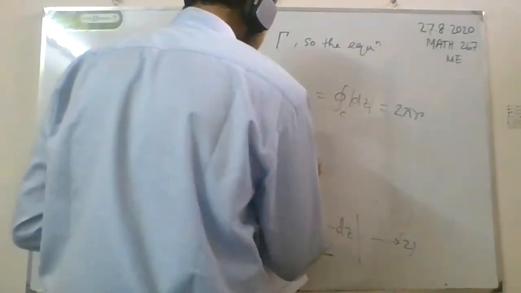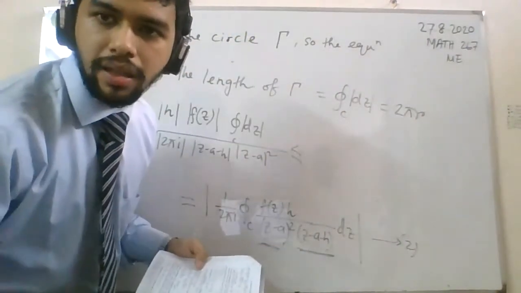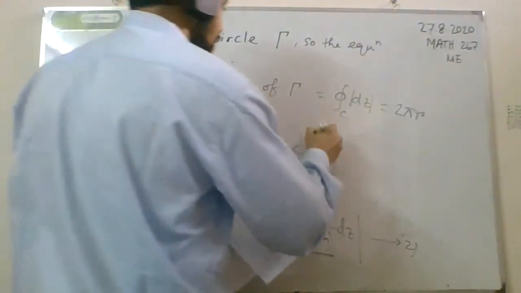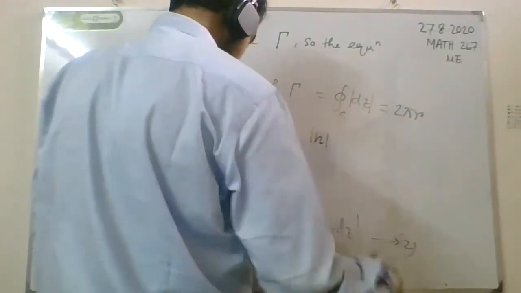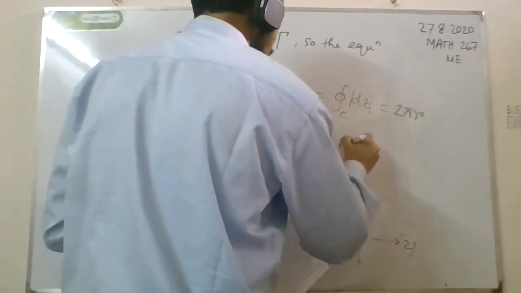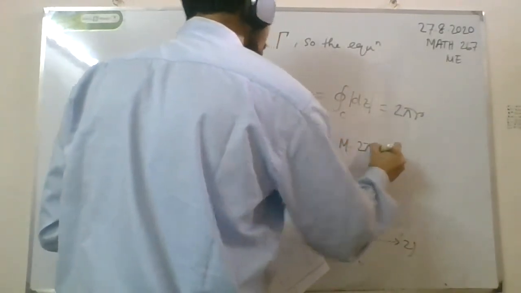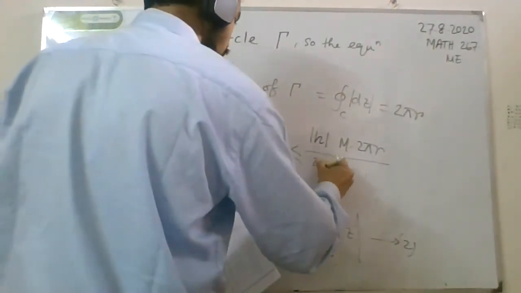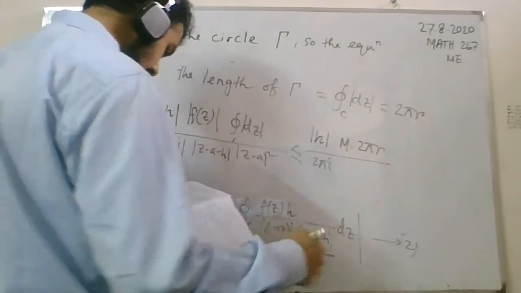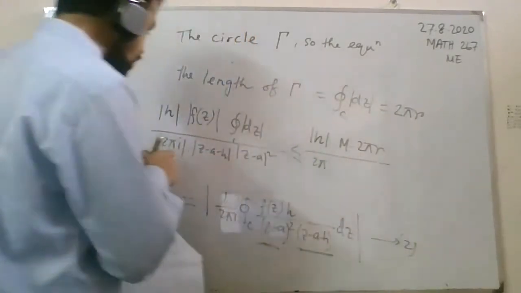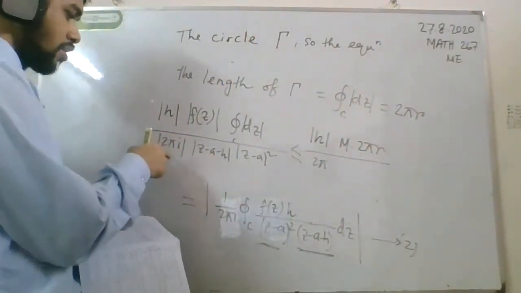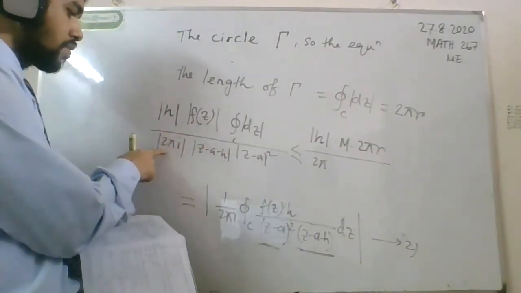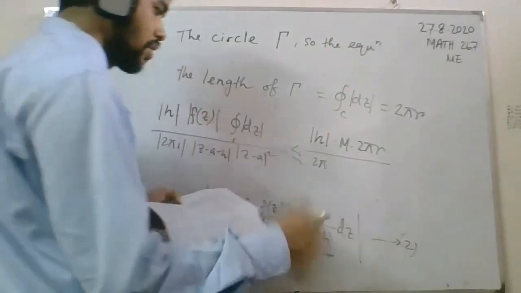It can be written as less than or equal to modulus of h, here M, also 2 pi r, and also you can get here 2 pi i. If I take the modulus of i you can get 1, so you can also write the modulus of 2 pi i equals 2 pi.